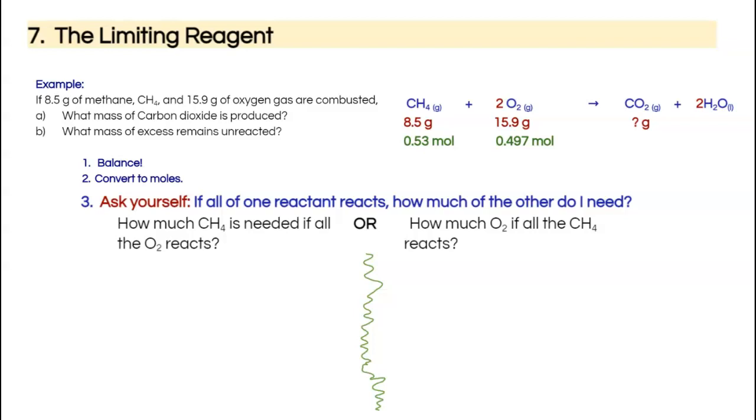Okay, so this is what I do. I'm going to use mole ratios to figure that out. I know that I have 0.497 moles of O2. If it all reacts, then I can figure out how many moles of methane I would need. My balanced chemical equation tells me I'm using 1 mole of methane for every 2 moles of oxygen that get used.